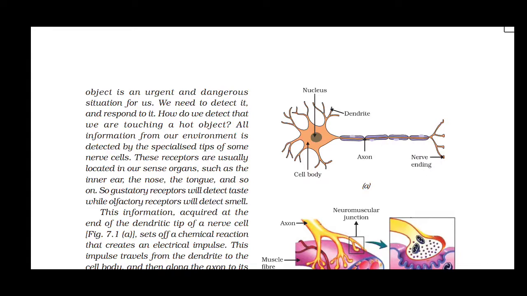Now, the synapse is the gap between the nerve ending of one neuron and the dendrite of the other neuron. Here, the electrical signal is converted into a chemical signal for onward transmission. Why is this electrical signal converted into chemical signals? Because there is a gap known as a synapse between two neuron units.